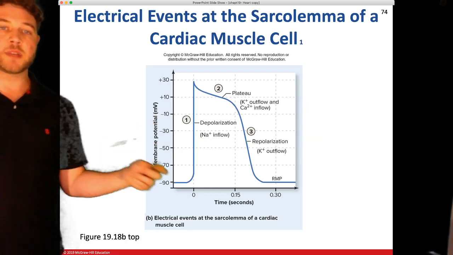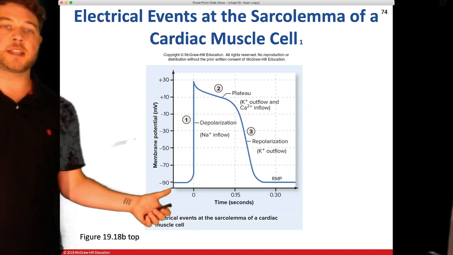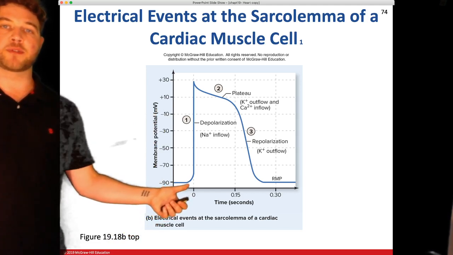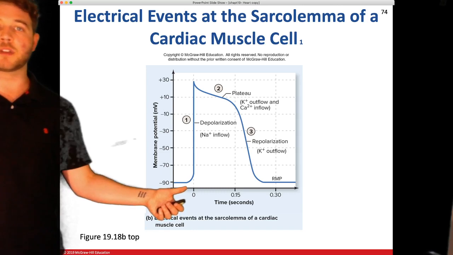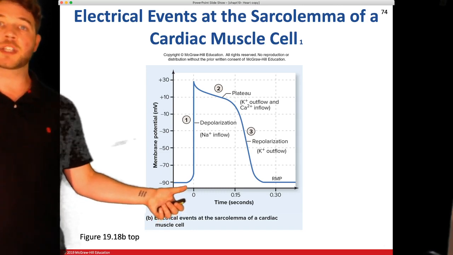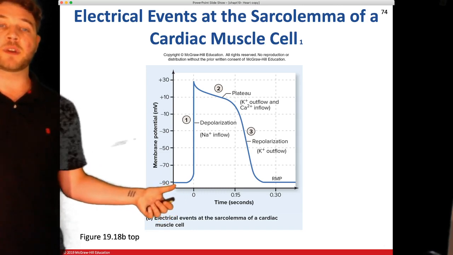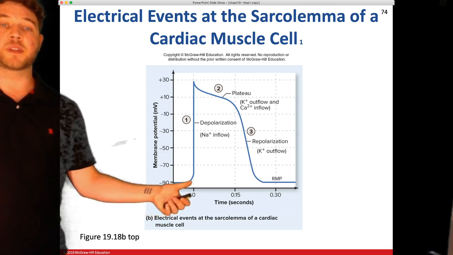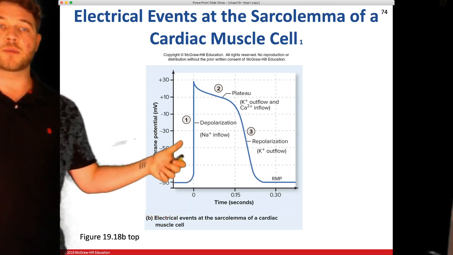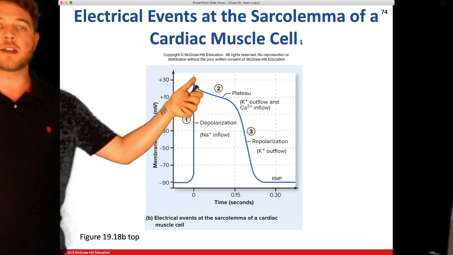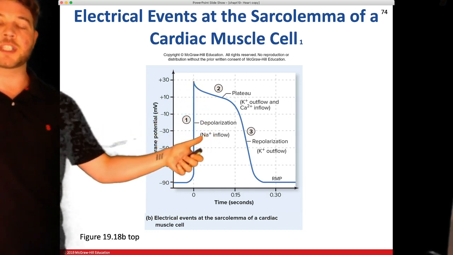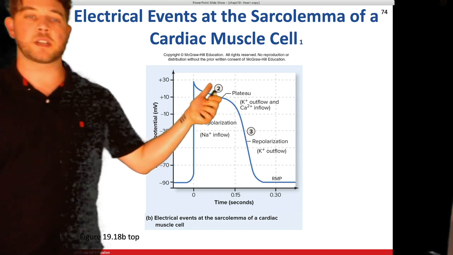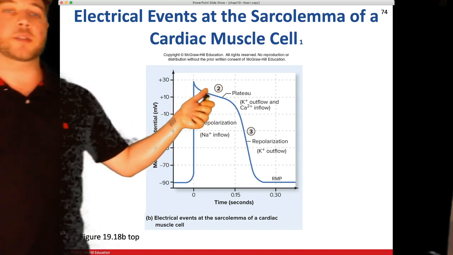Here is a depiction of this. So starting down here at -90, you have that stimulus coming from the conduction system of the heart, the SA node, the AV node, the bundle, the Purkinje fibers, whatever it may be, or just gap junctions, who knows. So it's coming from this resting membrane potential. The fast voltage-gated sodium channels open and depolarize the cell. Once it gets to +30, these voltage-gated channels close off, sodium stops entering, and you have your potassium and calcium channels opening.